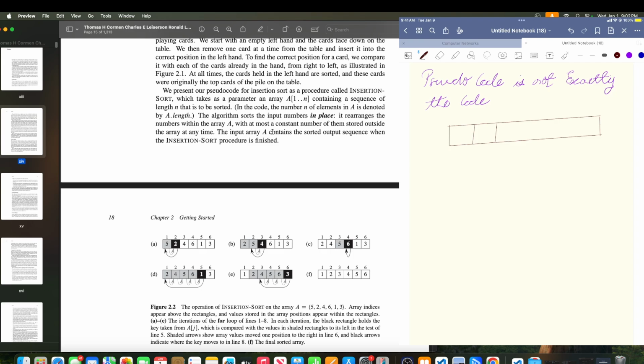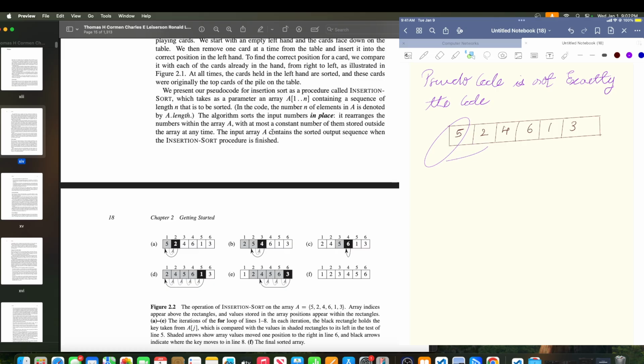Take the array 5 2 4 6 1 3. The 5 by itself is sorted. Then we go to 2.